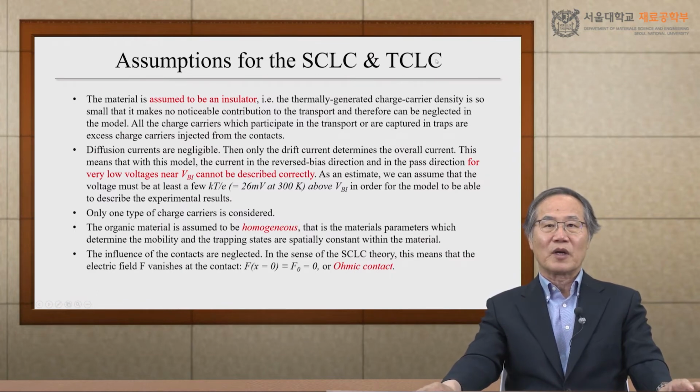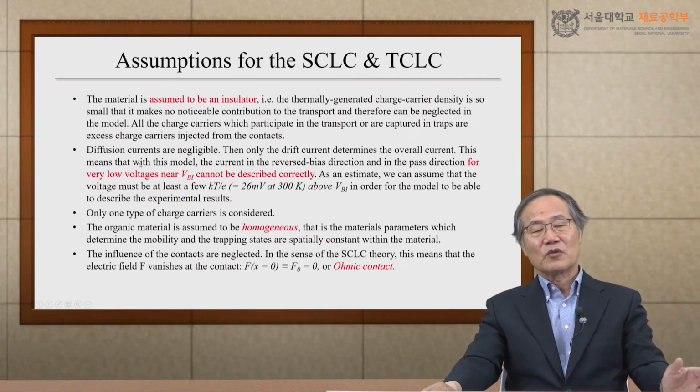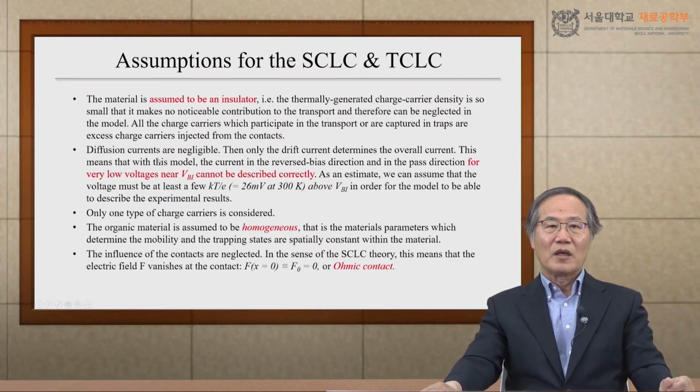So when we derive the TCLC equations, diffusion current was actually neglected in the derivations. Diffusion current actually is dominant when the applied voltage is near the bias voltage. So at low applied voltages, you cannot apply the space charge limited current.